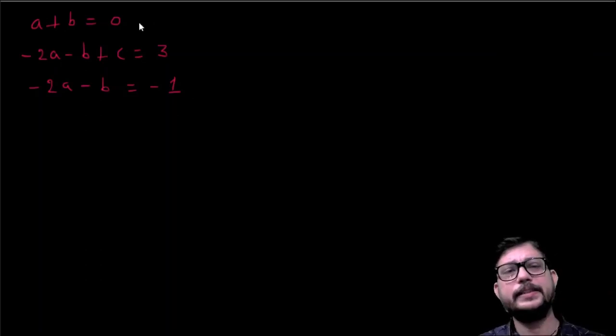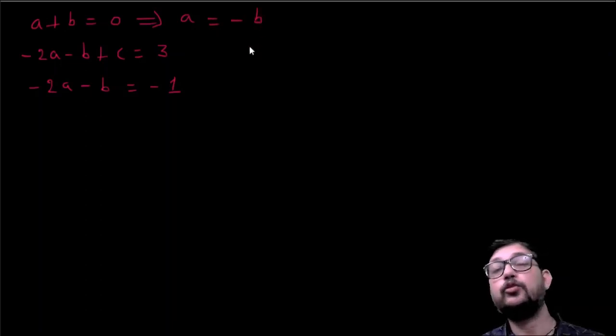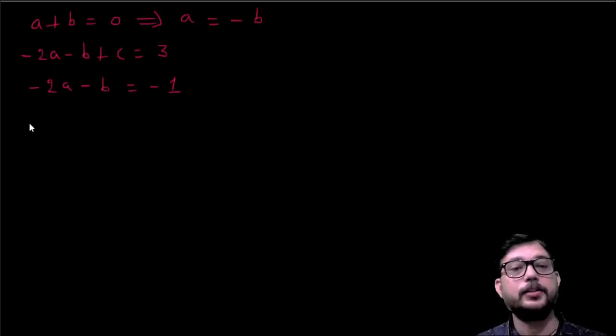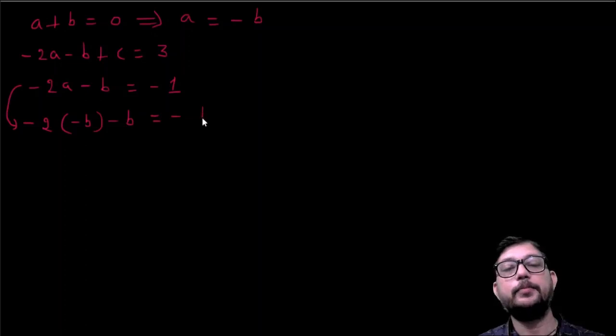You can easily see that from the first equation, a is equal to minus b. So in place of a you can write minus b in the third equation, and this will be minus 1.